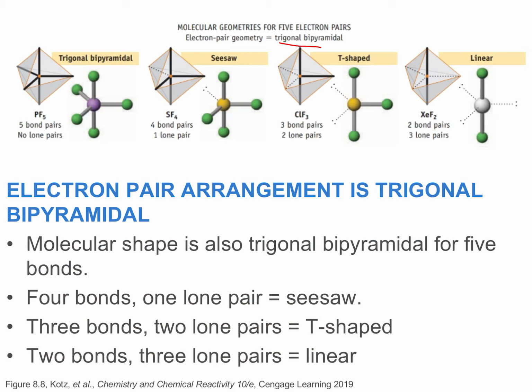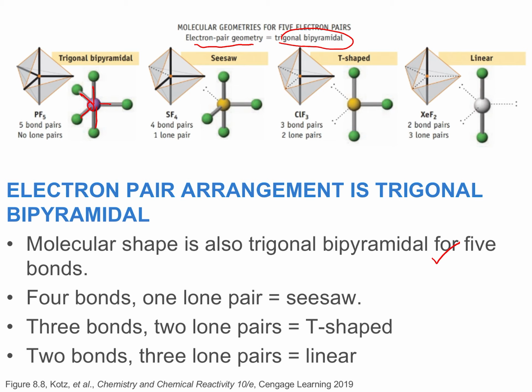All of these compounds right here have an electron pair geometry that's trigonal bipyramidal. If we look at PF5, we have 1 phosphorus and 1, 2, 3, 4, 5 regions of electron density, or electron groups. So the molecular shape for PF5 is also trigonal bipyramidal.